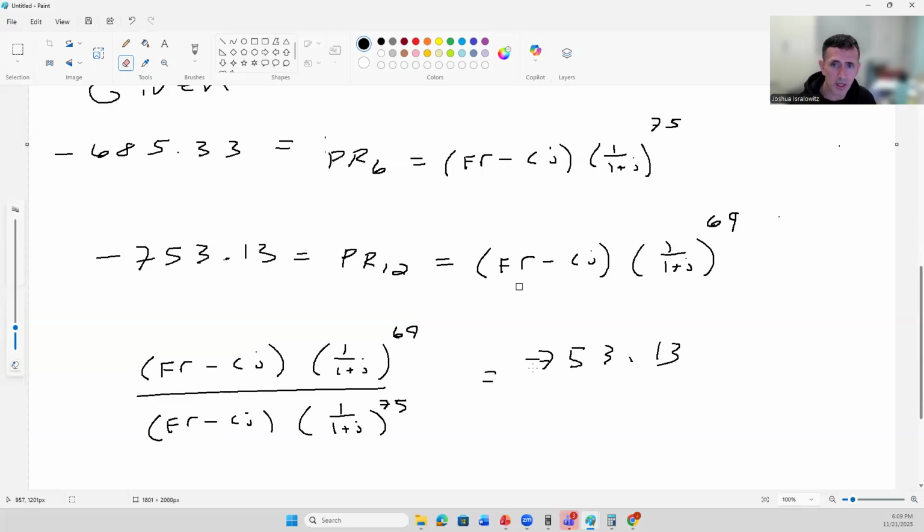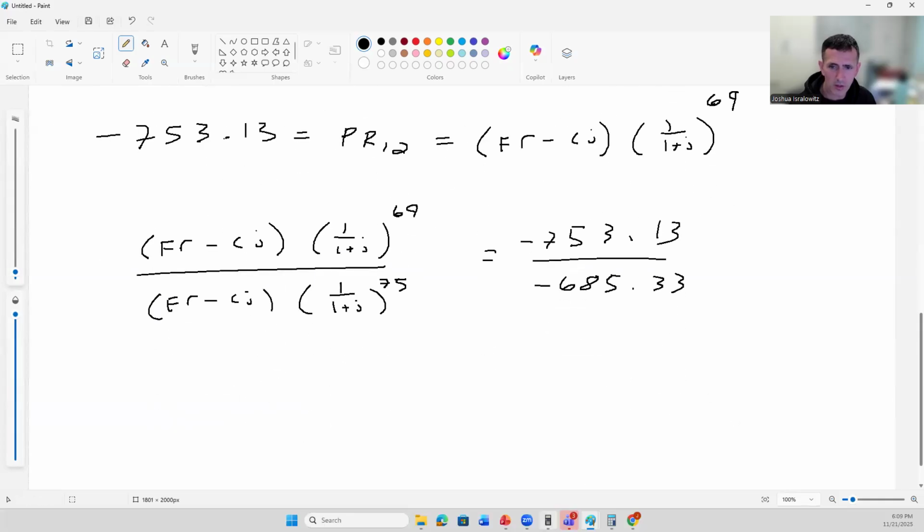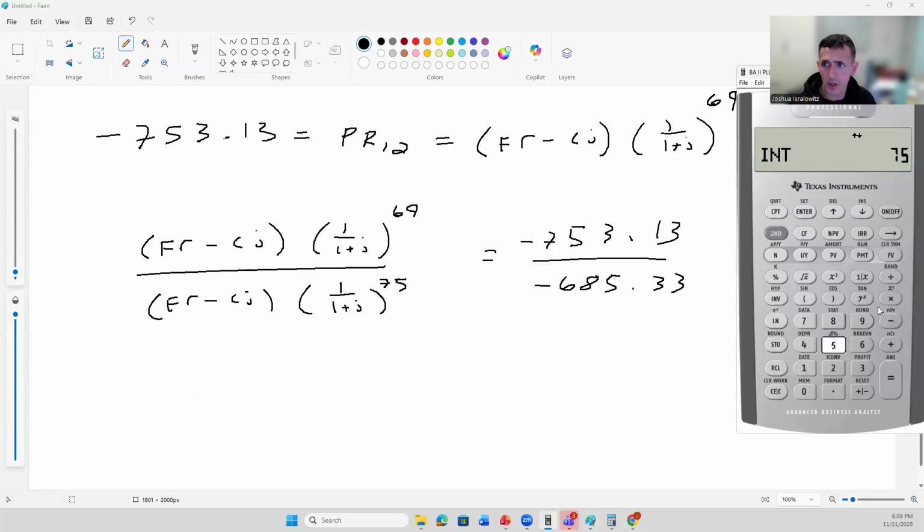Some of these problems you can get away with minus signs and forgetting that it's a discount and therefore principal pays minus. A lot of these problems on exam FM you cannot. So what is this? Minus over minus cancels. All right, 1.099.